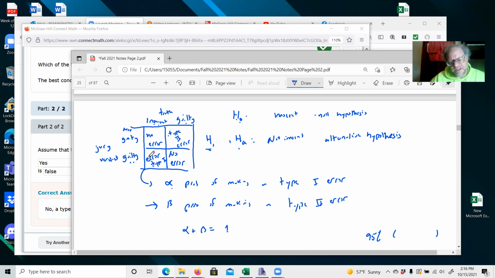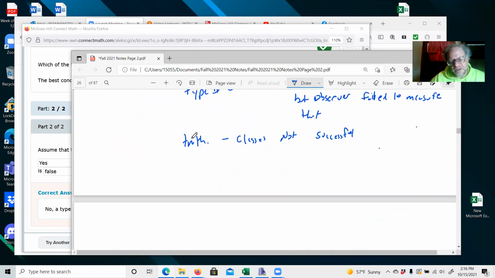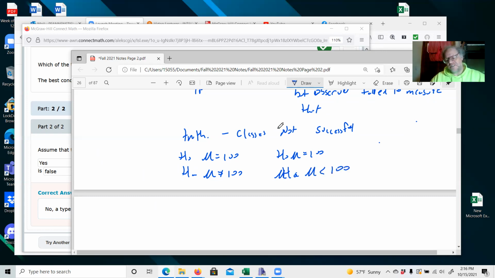The status quo is they are not effective. That's H0, that's how you set this up. H0: mu is equal to 100. HA: mu is not equal to 100, or worse. But they were worse. Actually, those coaching classes made you do poorly on a test.